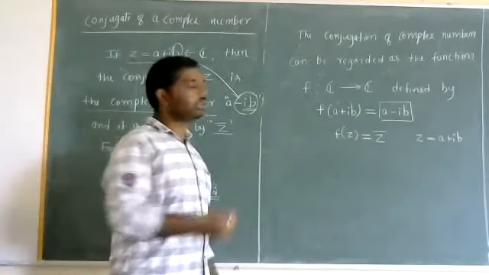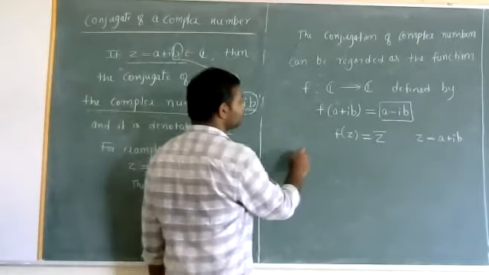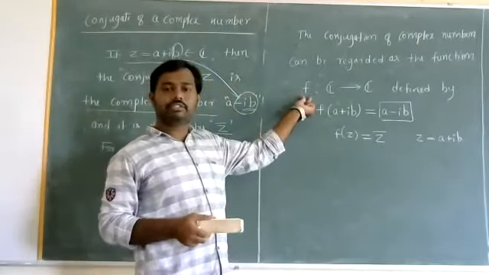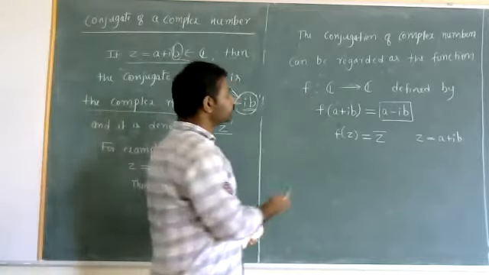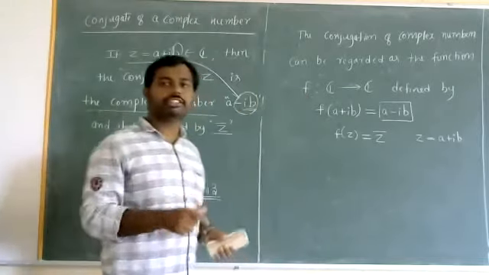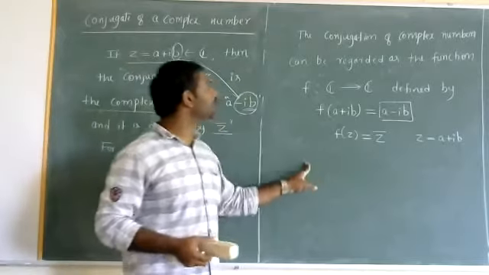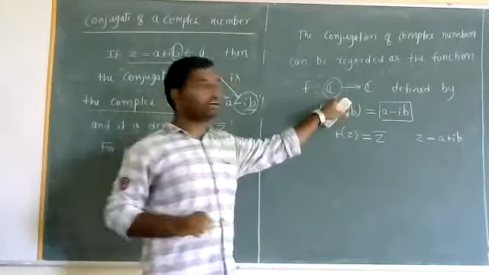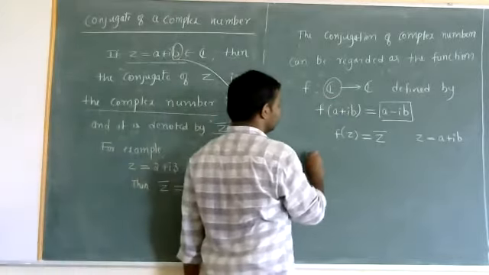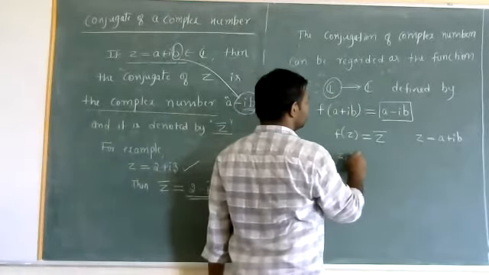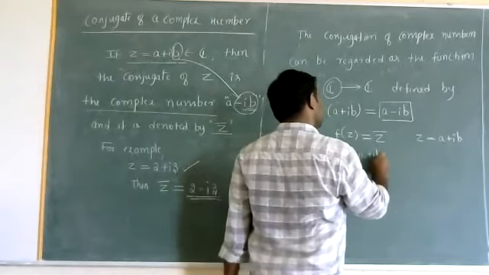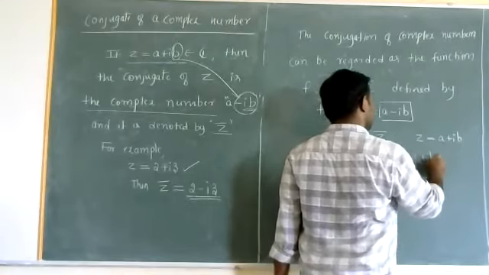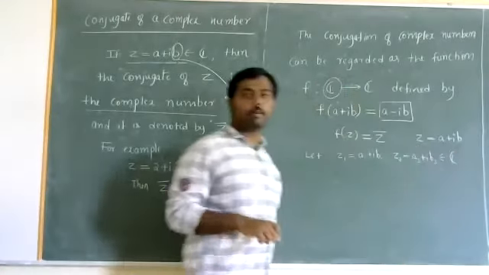So now what about one-one function here? Is f one-one? To show that f is one-one, what I have to do? The definition of one-one function is: if images are equal, the elements have to be equal. So start with two elements of the domain. Let z1 equals a1 plus ib1, z2 equals a2 plus ib2, be two complex numbers.